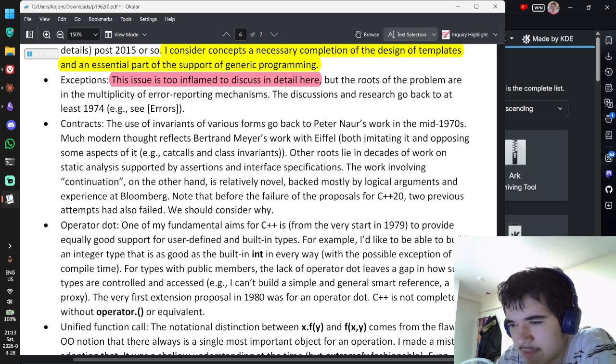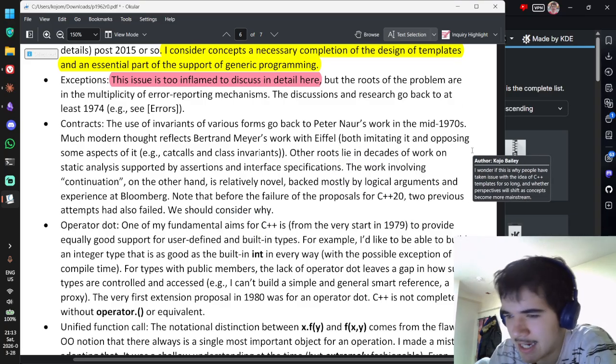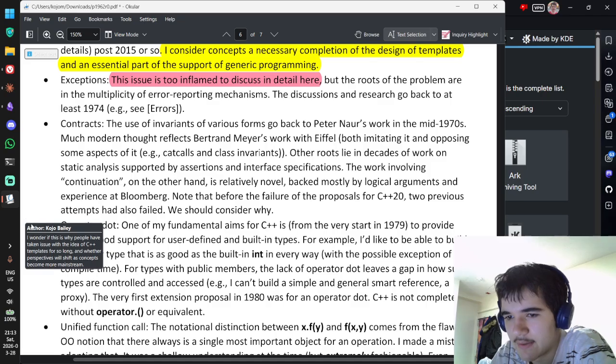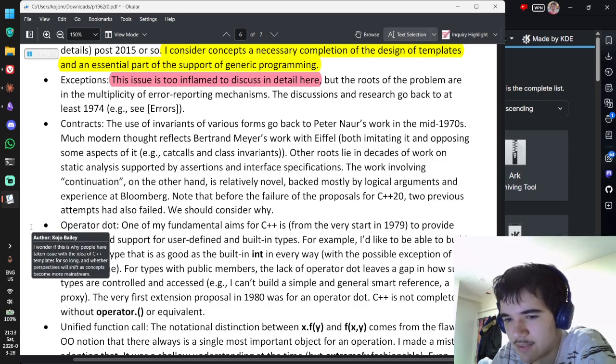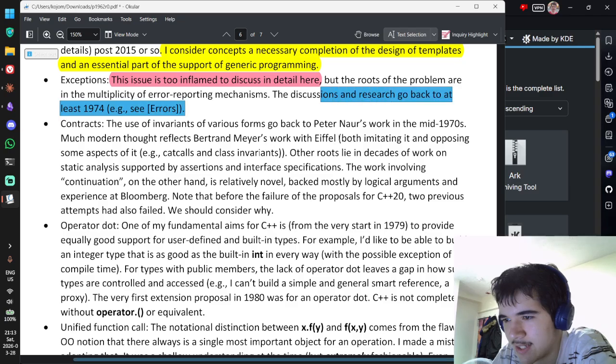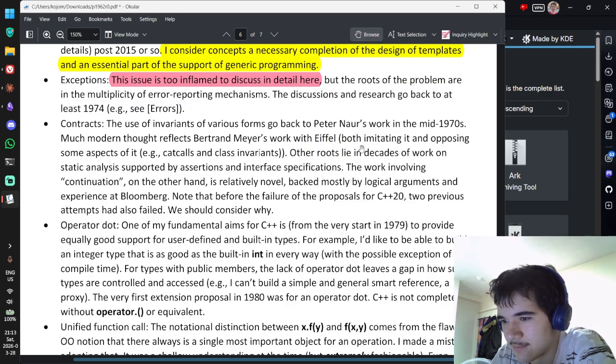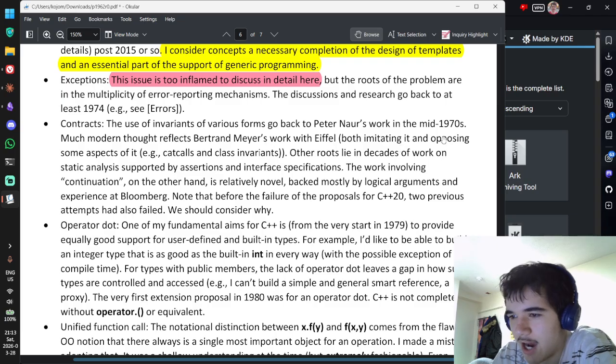Much modern thought reflects Eiffel, both imitating it and opposing most aspects of it. Cat-calls and class invariants. Other roots lie in decades of work on static analysis, supported by assertions and interface specifications.